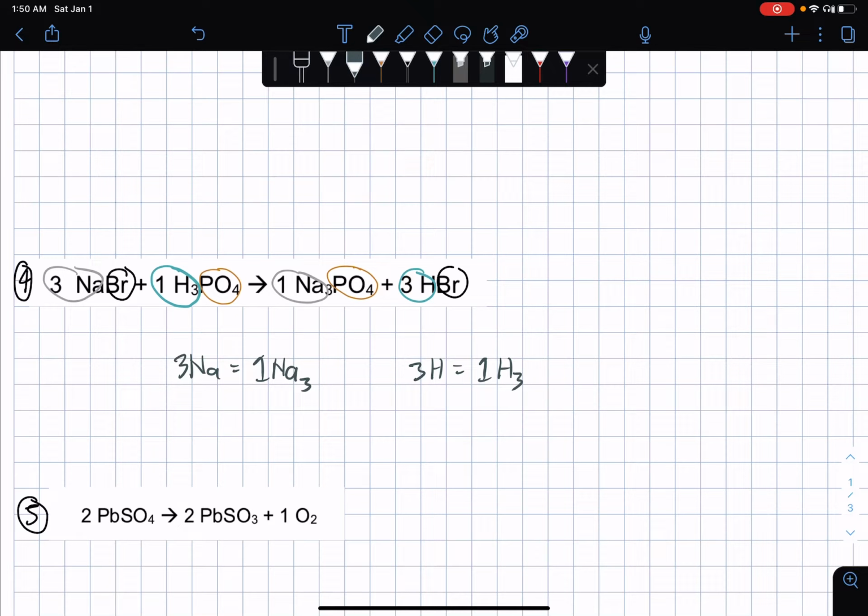So let's say we have Na over here, and Na used to be together with Br, but now in the product side, it has PO4, which used to be with H3, and H3 is now with Br. It may look confusing, but it's already pretty obvious. Number four is a double displacement reaction.